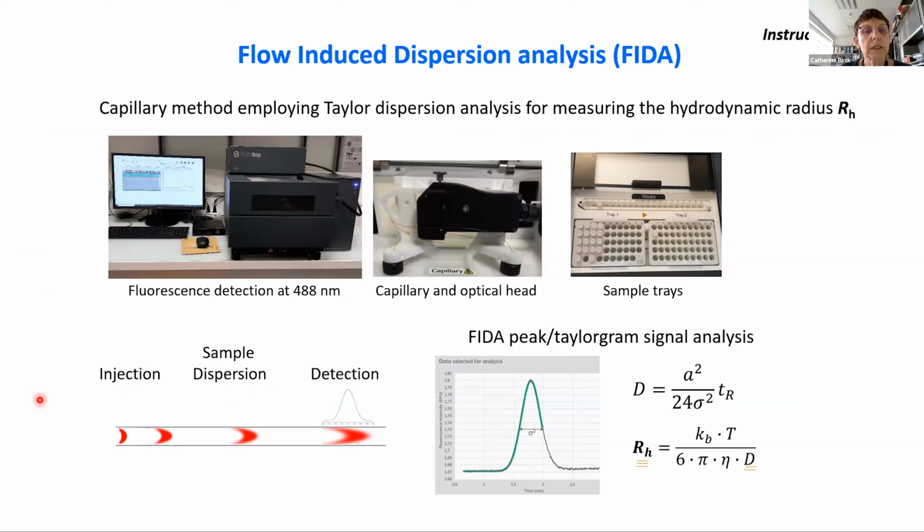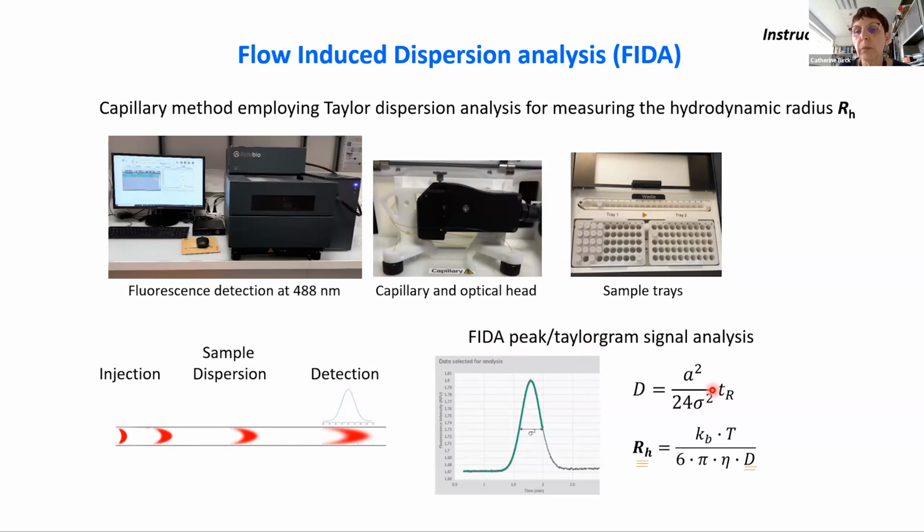As illustrated here, the radial diffusion of the sample in the capillary under laminar flow will lead to a symmetric Gaussian distribution. This FIDA peak or Taylorgram will be analyzed in the software.